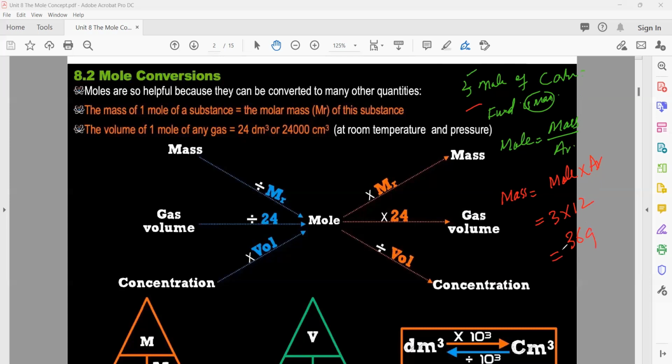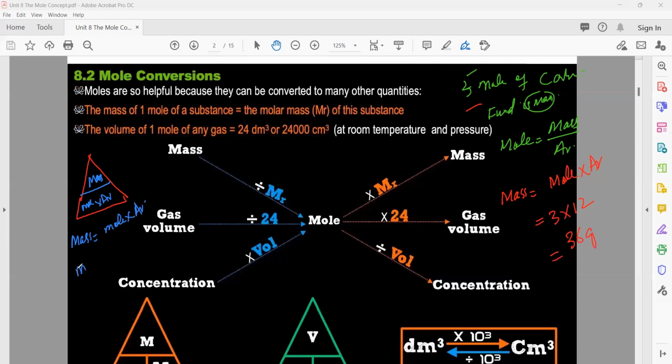If you want to write this formula, you can write the formula in this triangle form. For example, here you will write mole multiply AR, divided by mass. If you want to find the mass, formula will be mole multiplied by AR.